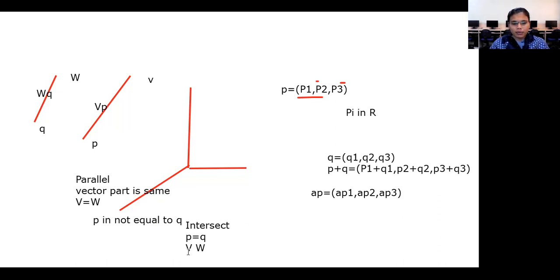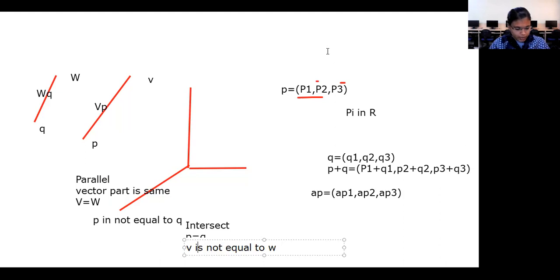And intersecting means what? Their intersection point or starting point is the same, but their vector parts are different. We can say V is not equal to W. Their vector parts are different but the point of application is the same. Those are called intersecting vectors.